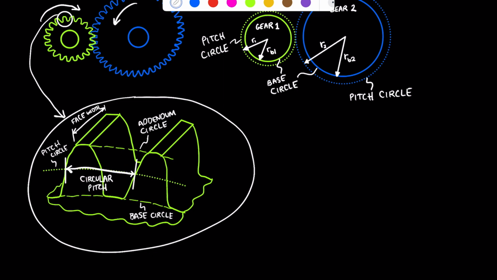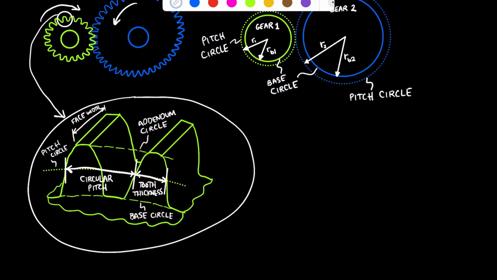So I know some of this terminology is a bit confusing, but maybe once we have some equations to look at, it'll make a little bit more sense. And lastly, let's label the tooth thickness.